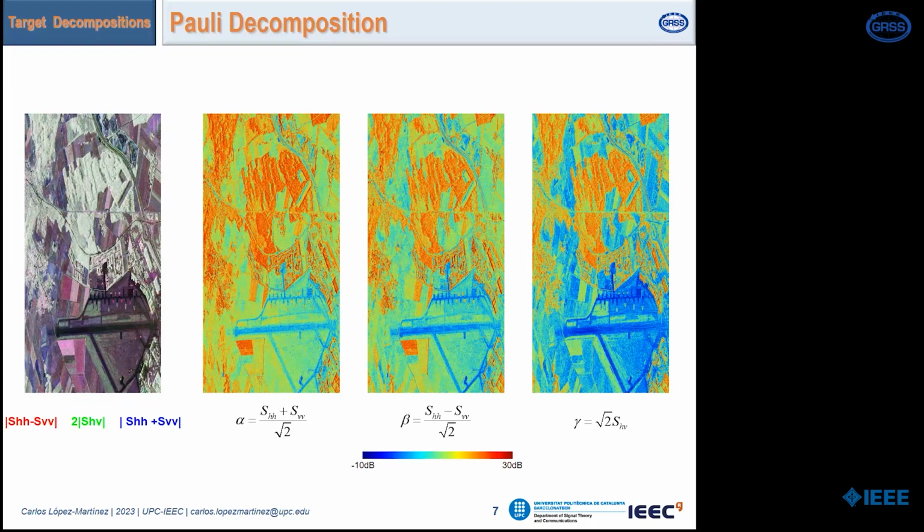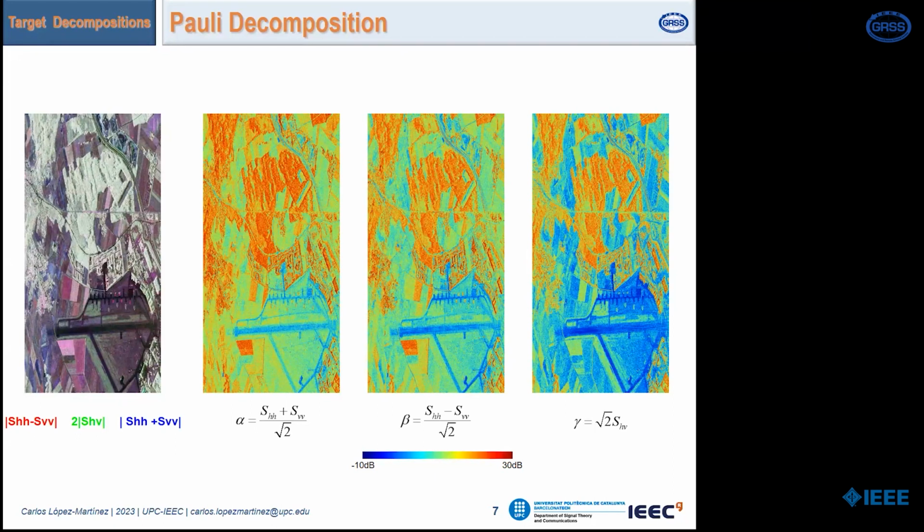Here I have green, so it means that the largest value is volume. In this case, the largest is red, which means I have double bounces. And the case in blue, which appears here and here, means that in these areas what I have is surface scattering.